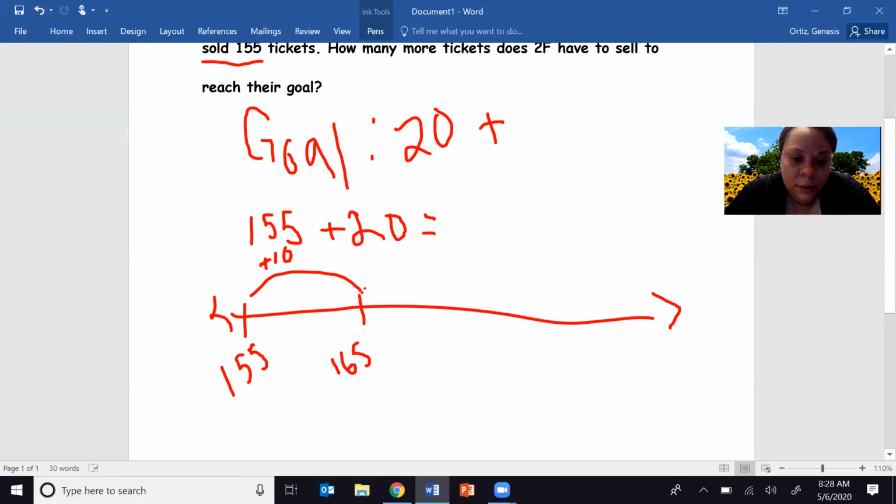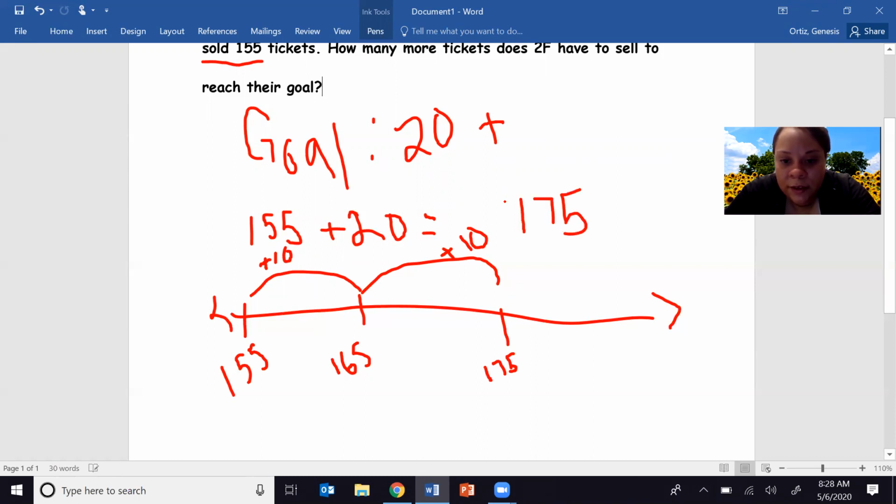And another jump of plus 10. 165 plus 10 is 175. And that's my answer because I don't have any ones, just 2 tens. So the goal really is 175.